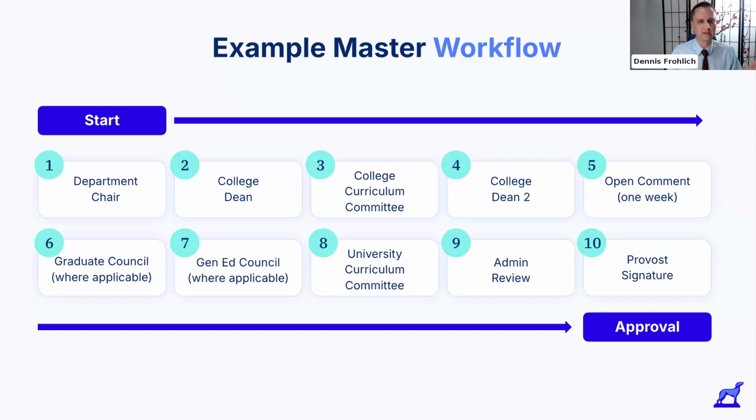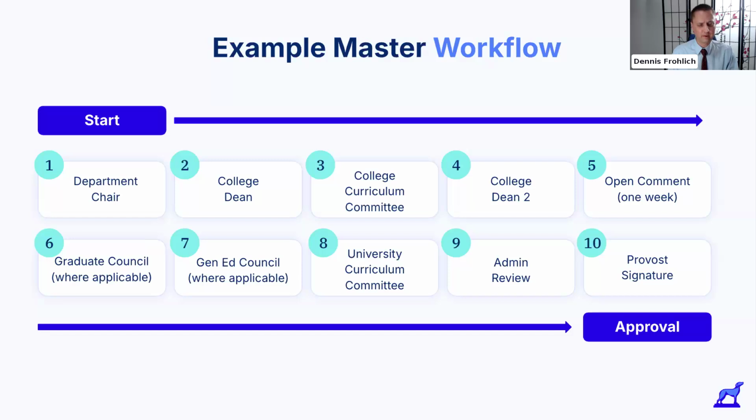Those college curriculum committees have been existing for about a year now, but they're still kind of in their infancy, so we're still figuring out that piece. Once it makes it through the college, and by the way, there are 2-week deadlines on the college dean and the college curriculum committee. This is intended to speed up some of that bottleneck we were experiencing in the beginning of the integration. Once it makes it through the college, it goes to open comment for a week.